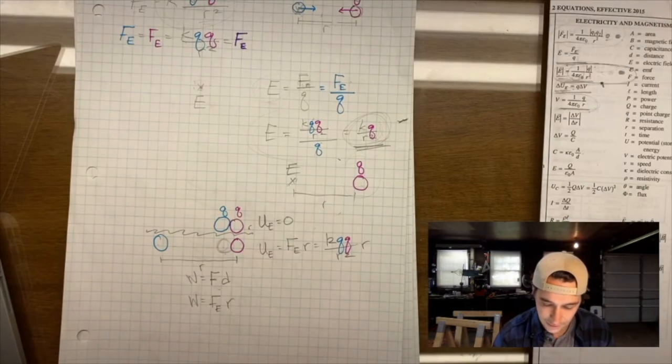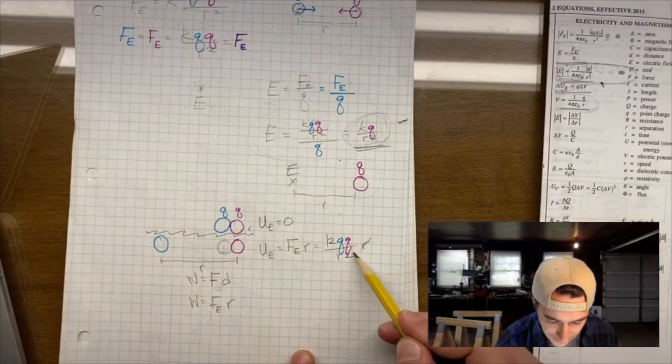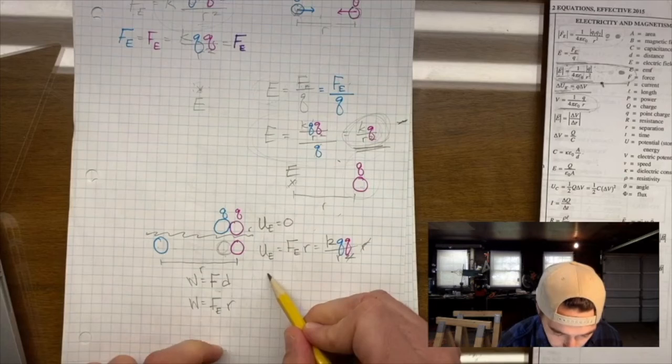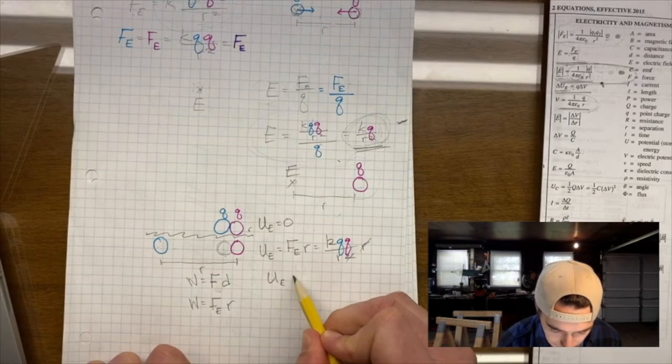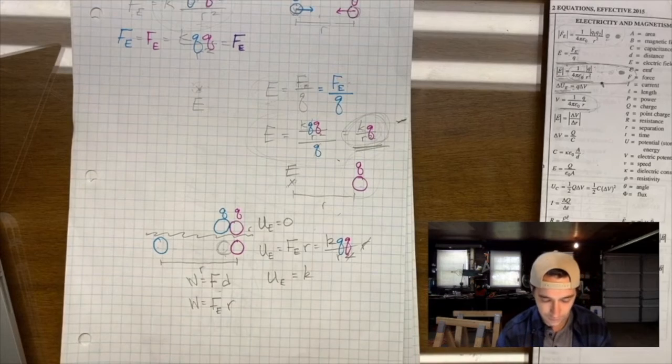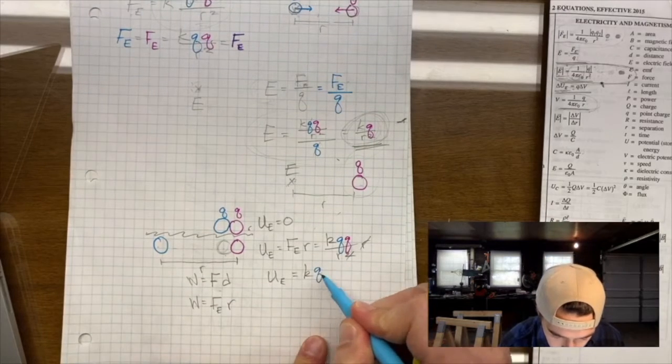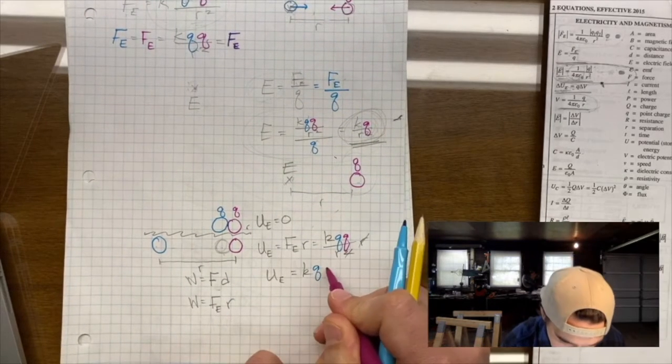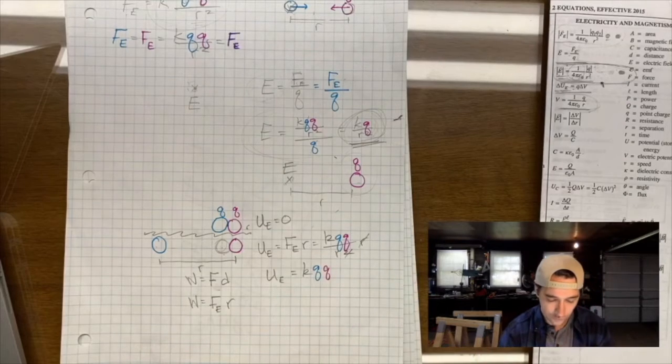Well, what happens here? Our r's cancel out, and our potential energy equals K Q1 Q2 all over r.